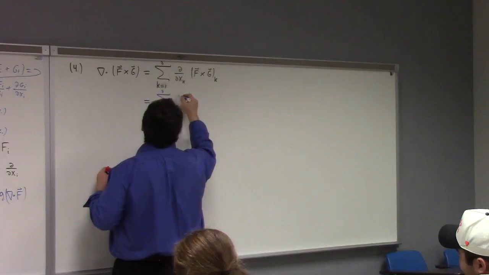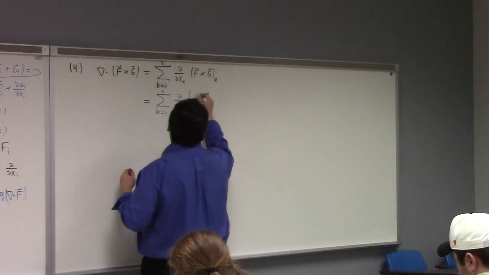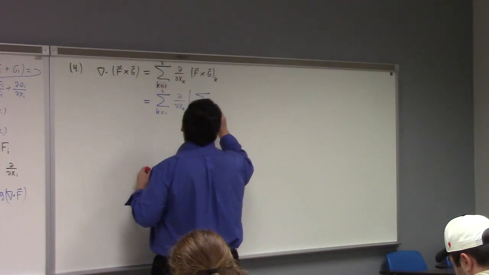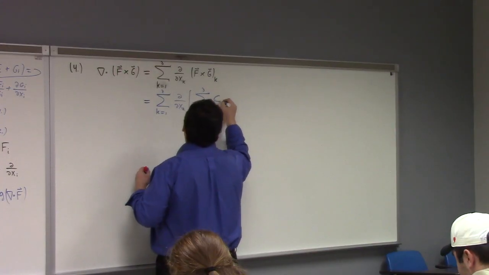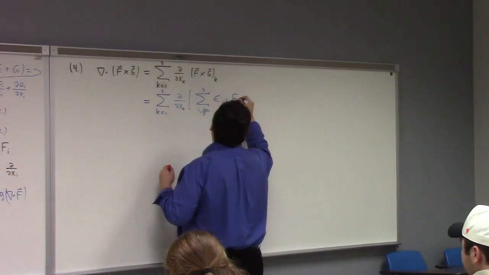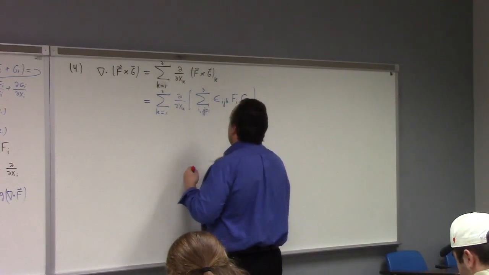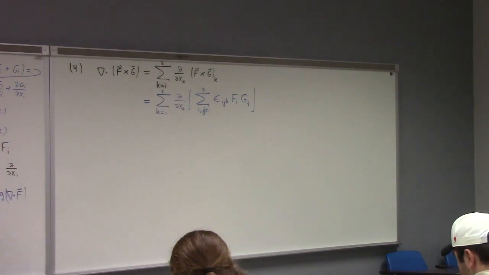So what we're looking at is the sum over i and j equals 1 to 3 of epsilon i, j, k, f sub i, g sub j. Notice there's no x hat k here. That is the kth component of the cross product.